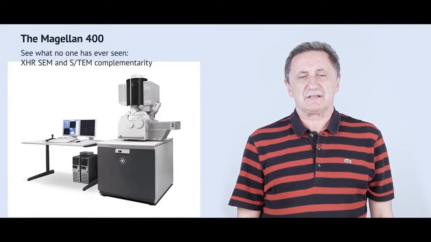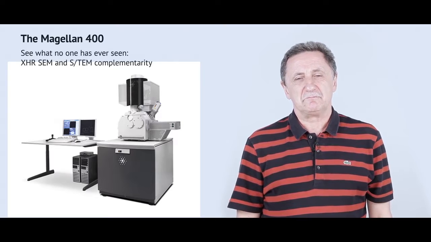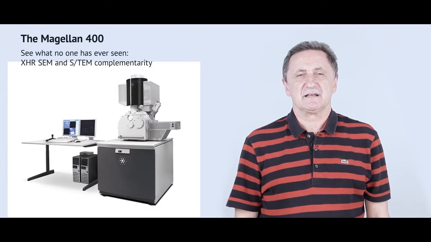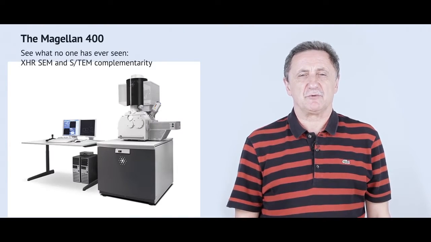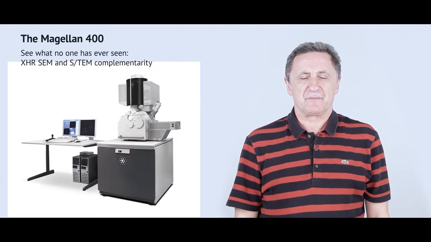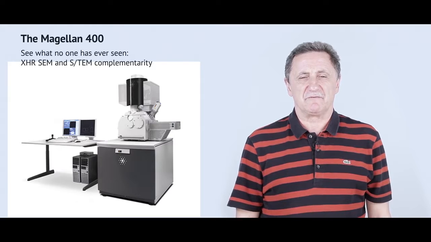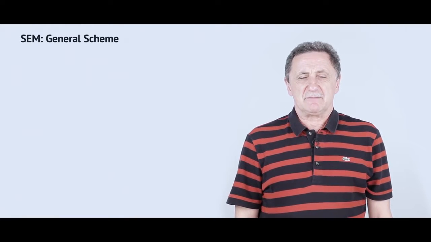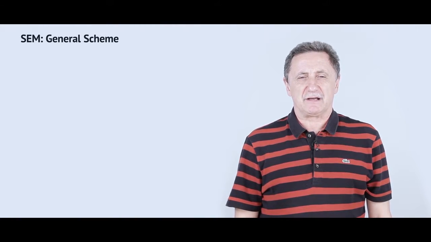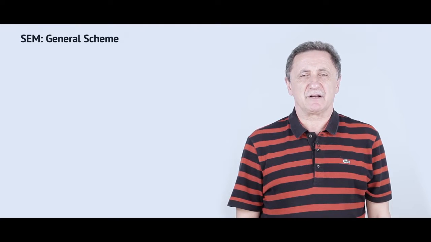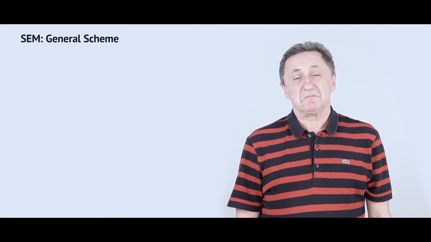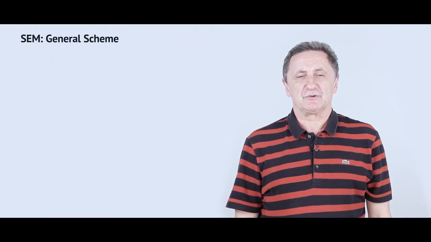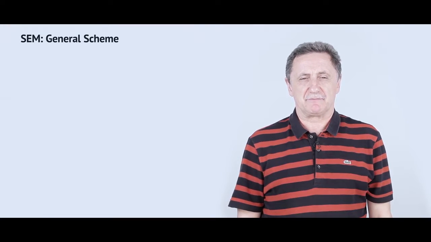So on this screen you can see the typical picture of the advanced scanning electron microscope Magellan 400. So let's talk a little bit about the characteristics and the physics of the method. Similar to transmission electron microscopy, in scanning electron microscopy we are using an electron beam to investigate the material structure.